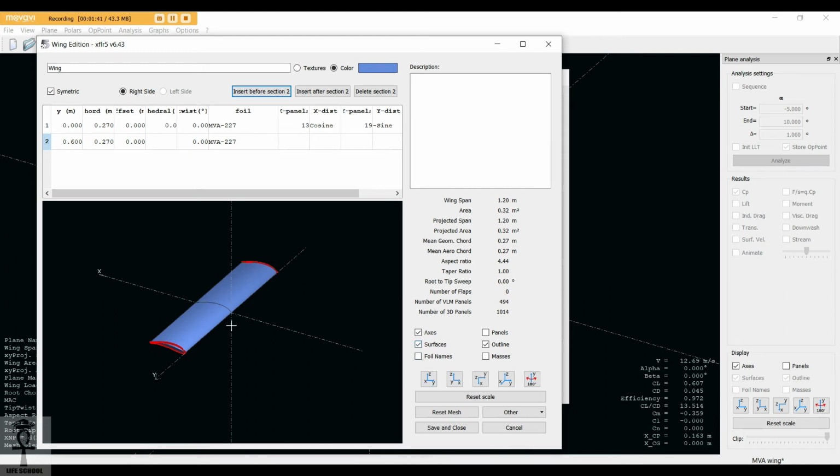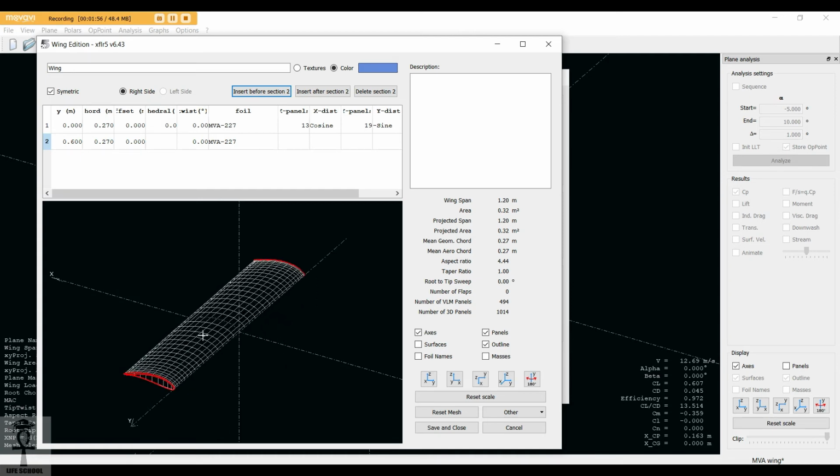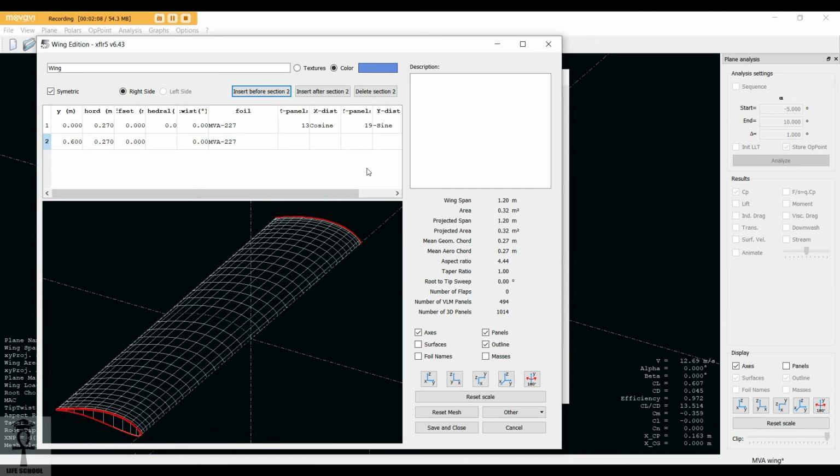Now this is the surface of the wing, and if I hide the surface and show the panels, then you can see that there are panels over the surface, and these panels are crowded near the tip.